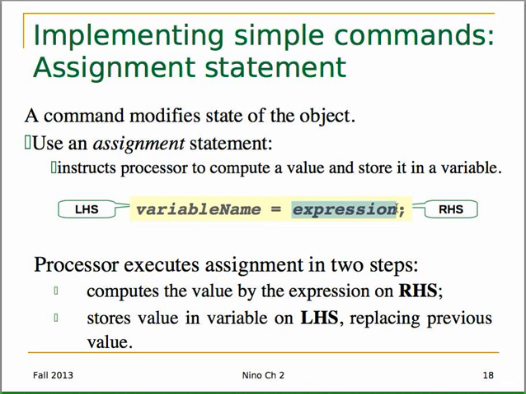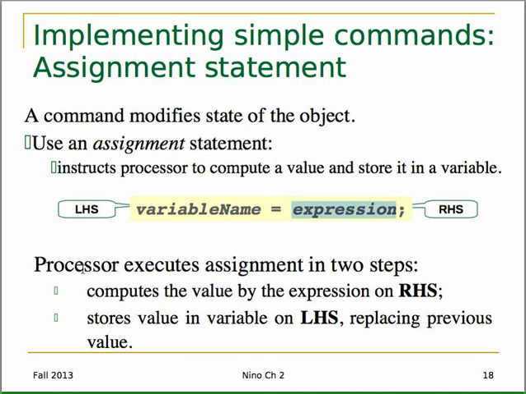And you can do something like count is equal to 0, right? That 0 is an expression. You can say count is equal to count plus 1. That count plus 1 is an expression. So you can have all kinds of things in here, but it has to evaluate to some finite value.